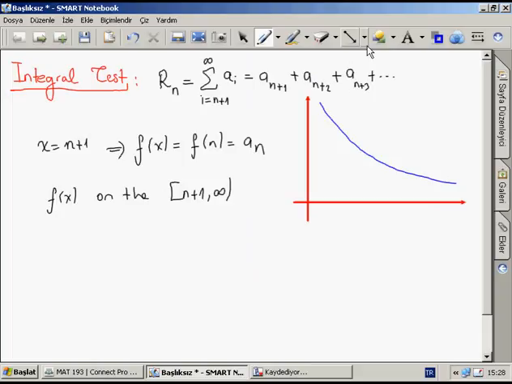Okay, and the width will be 1, and the left endpoint will be valid.